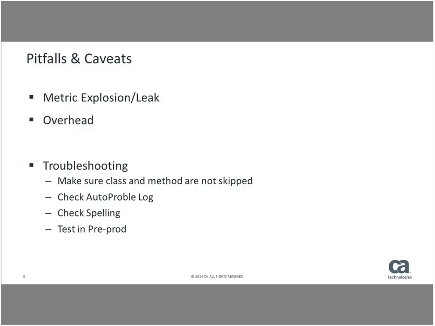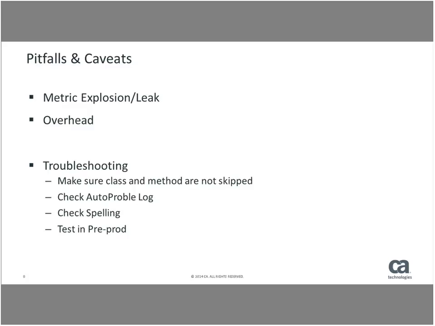An overhead situation could be that you are trying to instrument a particular class and method that's being called a million times, right? The instrumentation itself is extremely fast, because we make use of the facility provided in the language called bytecode instrumentation, which is extremely efficient.